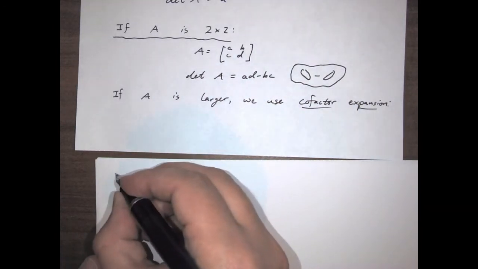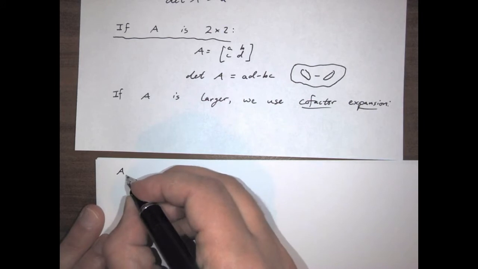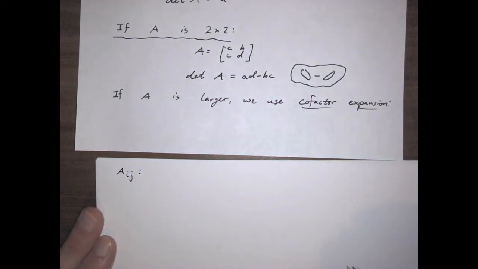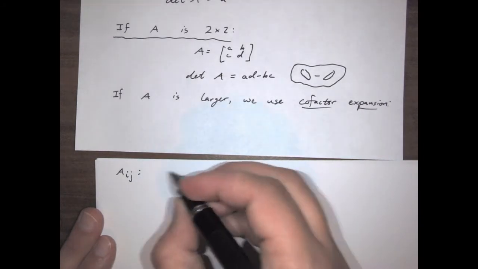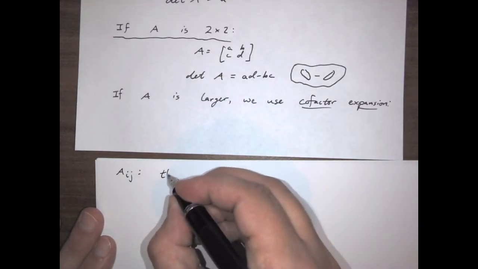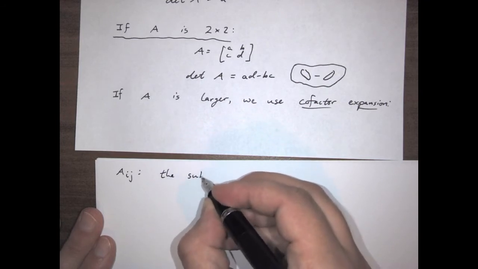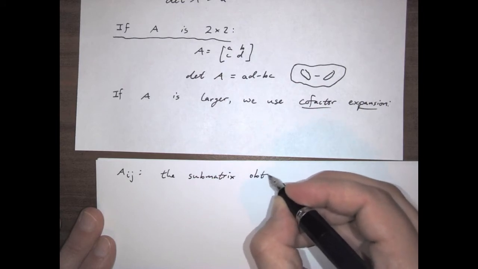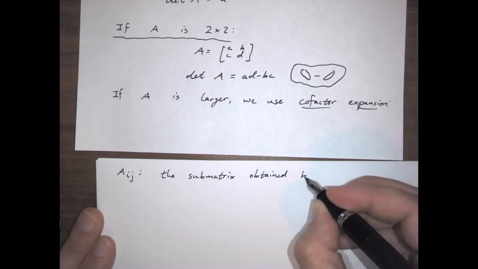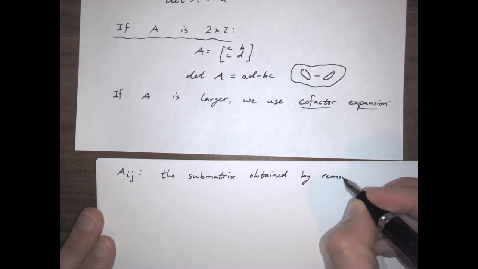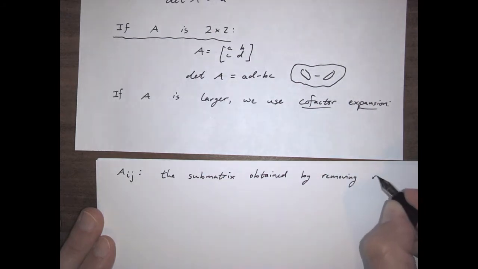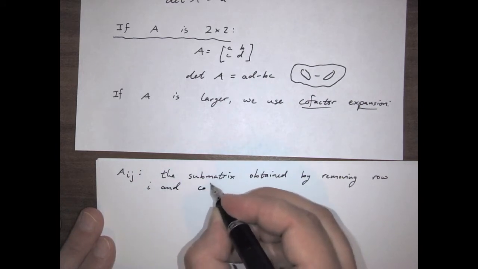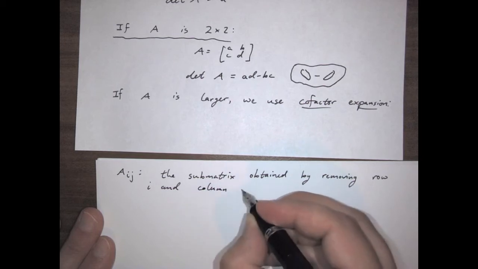What we do is we first find matrix A_ij. And this represents the submatrix you get if you take row i and column j out of A. So this is the submatrix obtained by removing row i and column j from A.